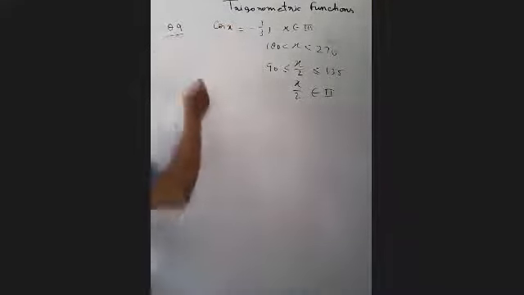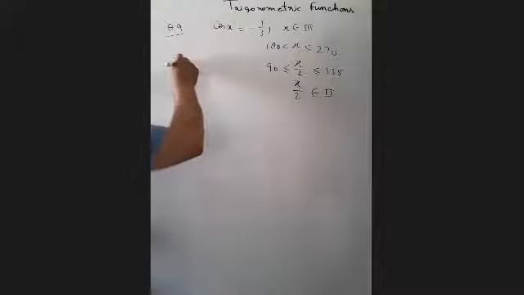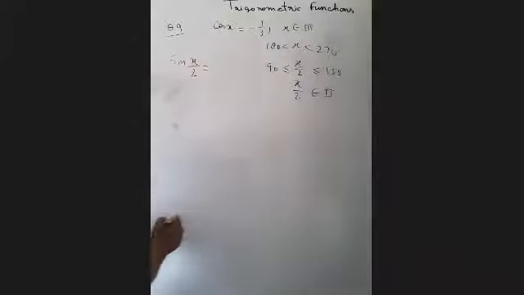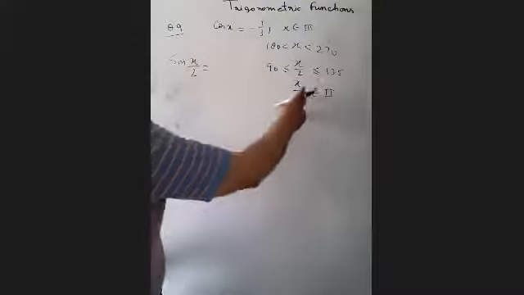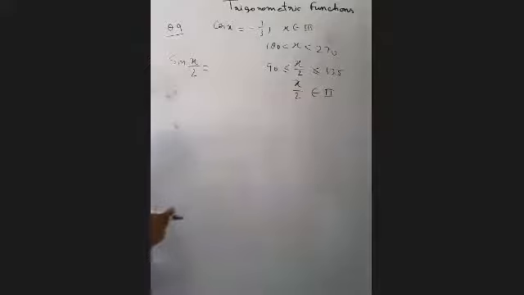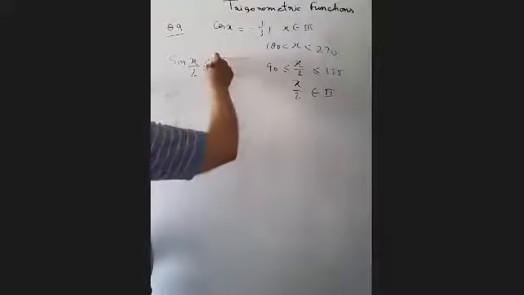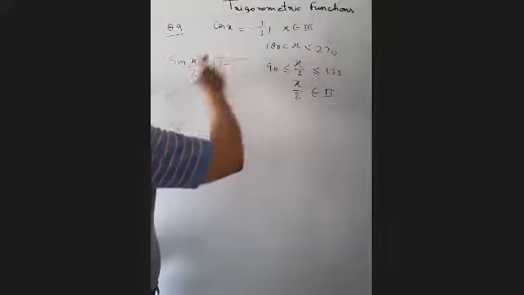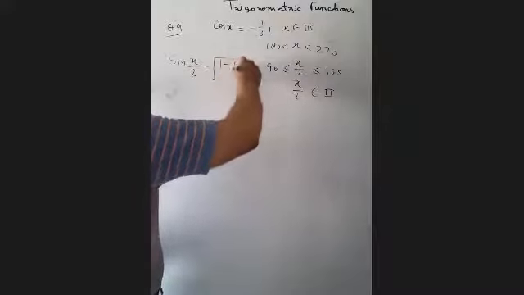So we have to find the value of sin x by 2. Because x by 2 lies in the second quadrant, it will be positive. We have proved the formula: sin x by 2 will be equal to root of 1 minus cos x upon 2.